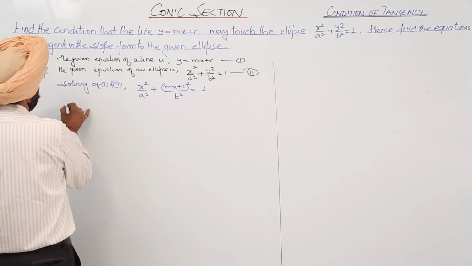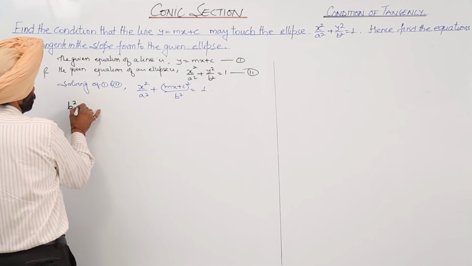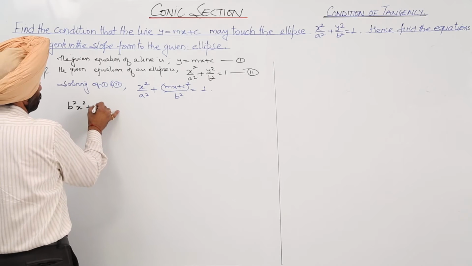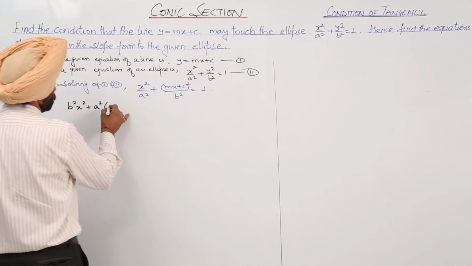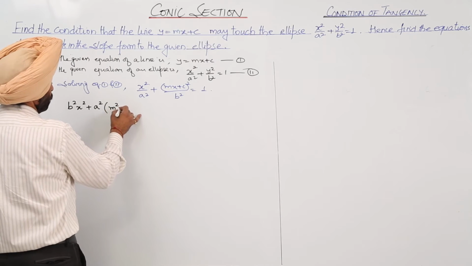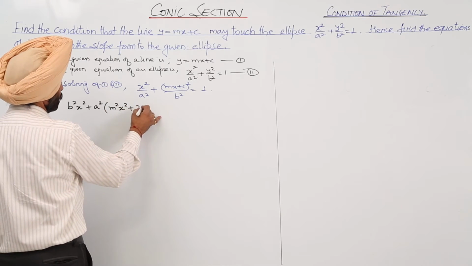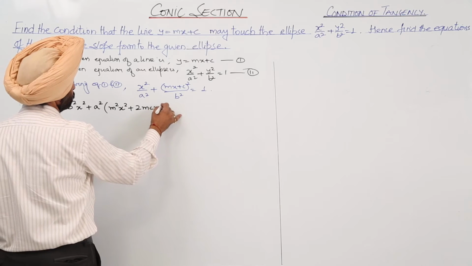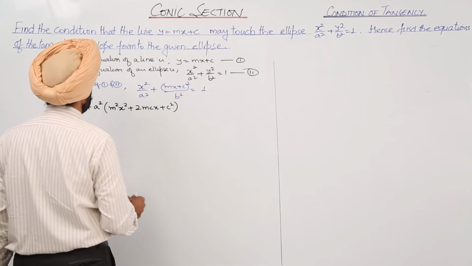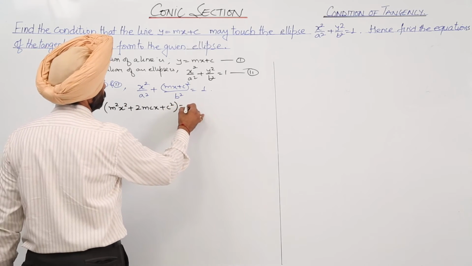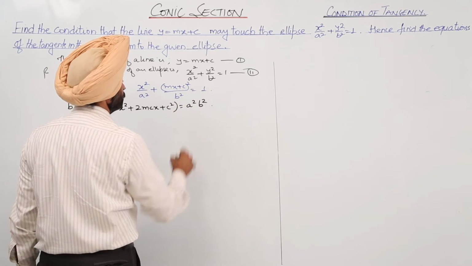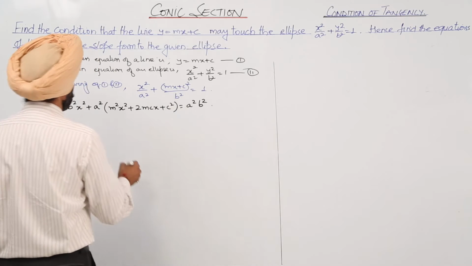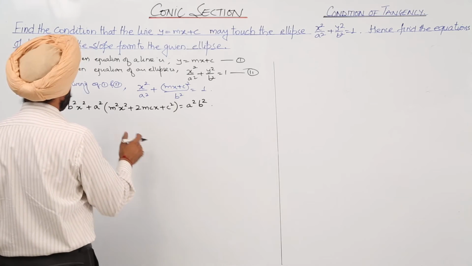Cross multiplying, we are having b square x square plus a square times (mx plus c) whole square. So this becomes m square x square plus twice of mcx plus c square, is equal to a square b square.